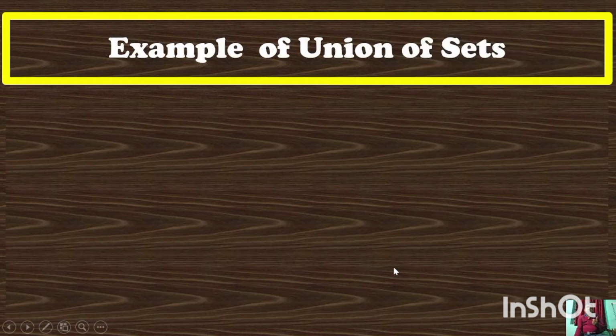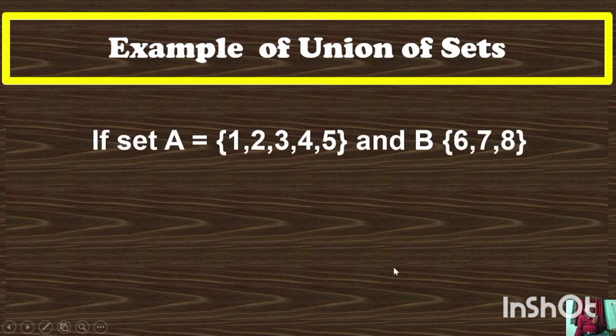Example of union of sets. Suppose the set A is equal to {1, 2, 3, 4, 5}. A simple example I am going to discuss. Suppose A is a set containing the elements 1, 2, 3, 4, 5, and B is another set having elements 6, 7, 8.